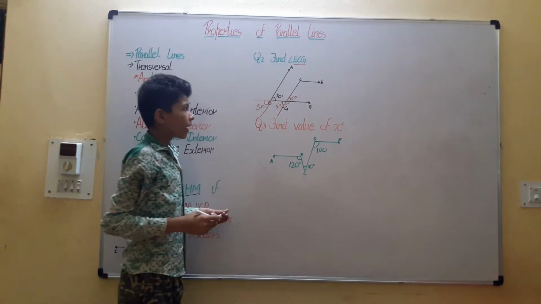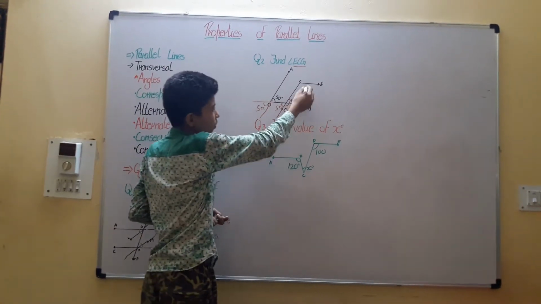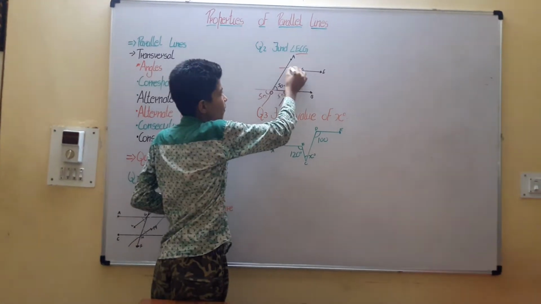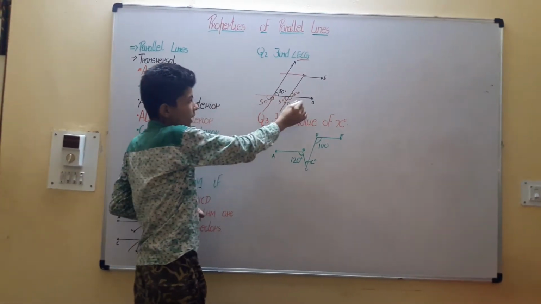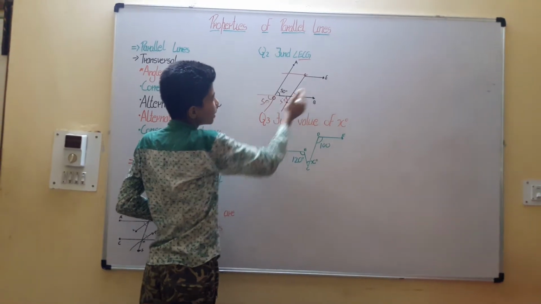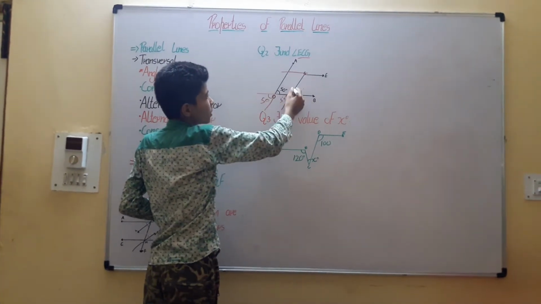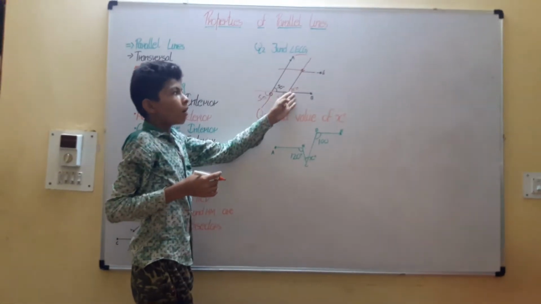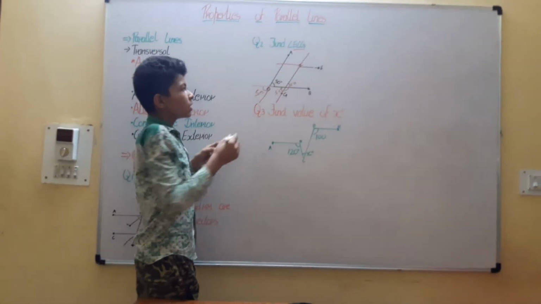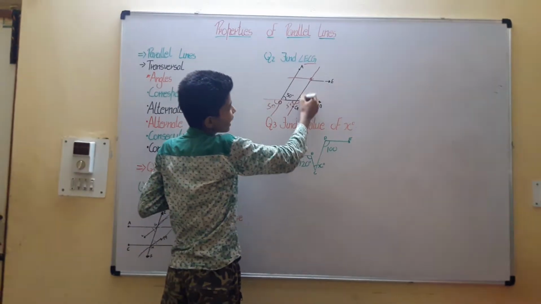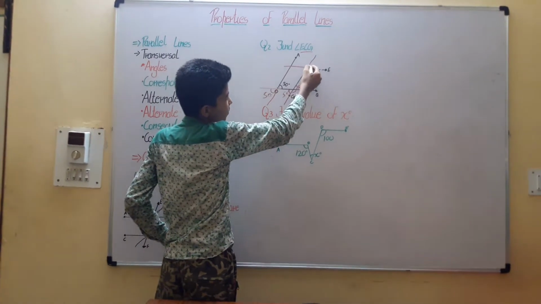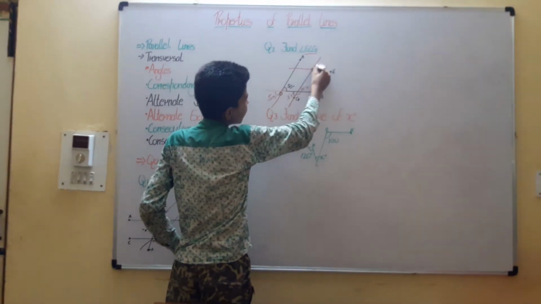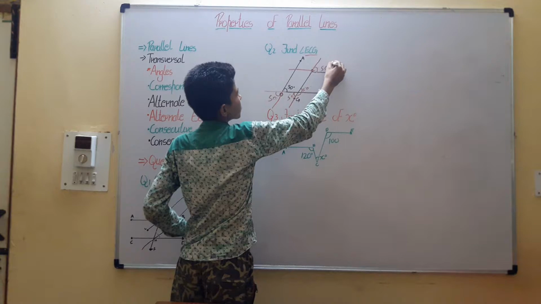Now the corresponding angle of angle CGB is this angle, which is also 50 degrees.